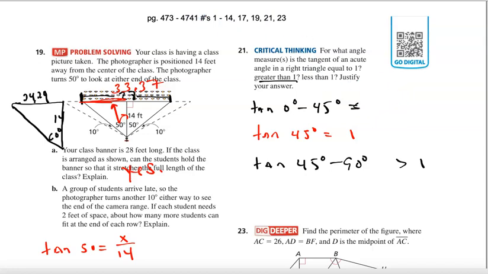Actually, it'll be less than 1 but greater than 0. So it'll be less than 1 but greater than 0, x being the tangent of any number of degrees between 0 and 45.